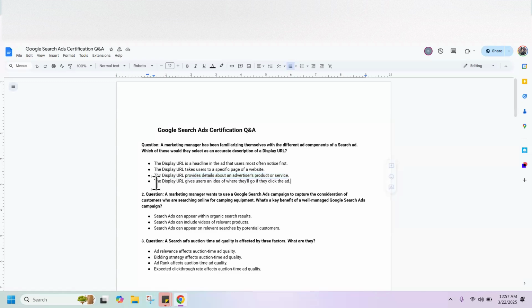So basically, this could also be true by your definition, but I'm trying to pick the most operational definition of what is the display URL. It's basically a URL that if you click it goes to a specific landing page URL. Okay, but I'm using a different display URL.